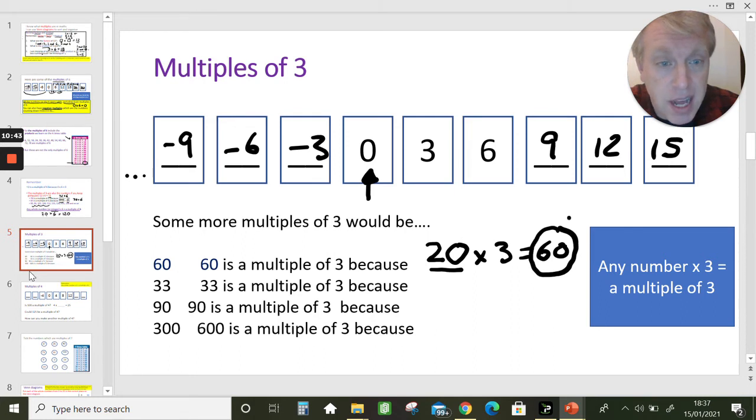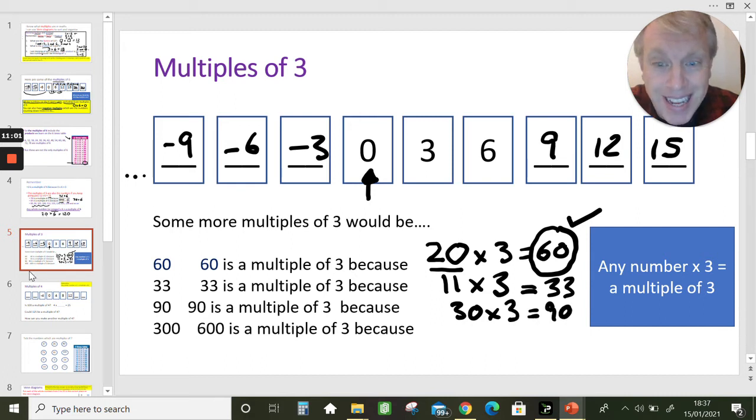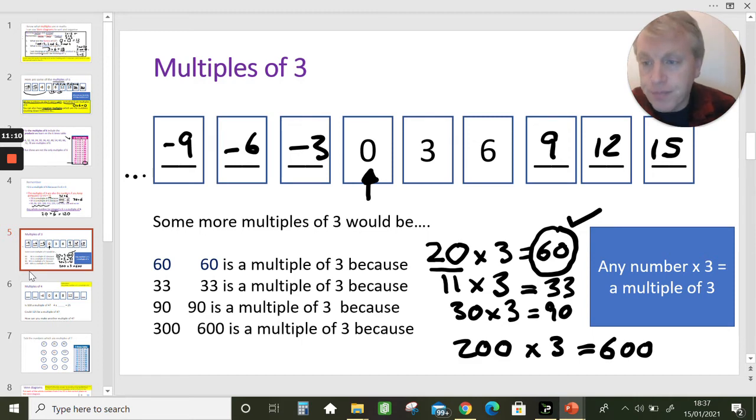So 60 is a multiple of 3. 33 is a multiple of 3 because 11 times 3 equals 33. 90 is a multiple of 3 because 30 times 3 equals 90. 600 is a multiple of 3 because 200 times 3 equals 600.